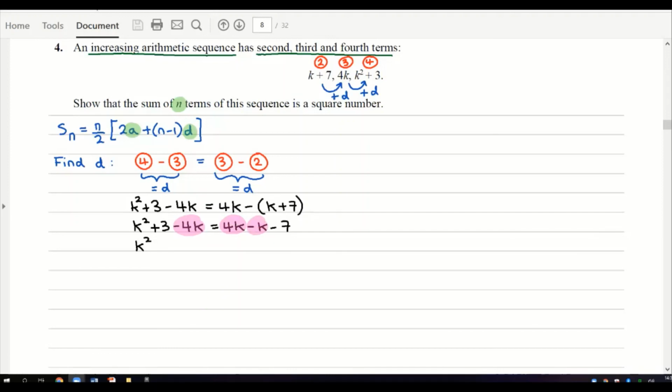Let's deal with the k's first. So that will be negative 7k. And then we have the positive 3 here, and I'm going to have to add 7 to both sides. All right, so that's reasonably straightforward. It looks like this will factorize too. So that's going to be plus 10 is equal to 0. Yes, and this factorizes really nicely. So we have k, 2 and 5, both negative.